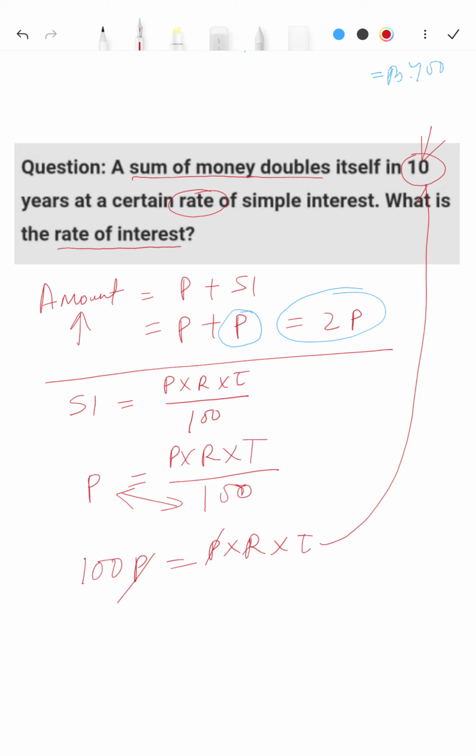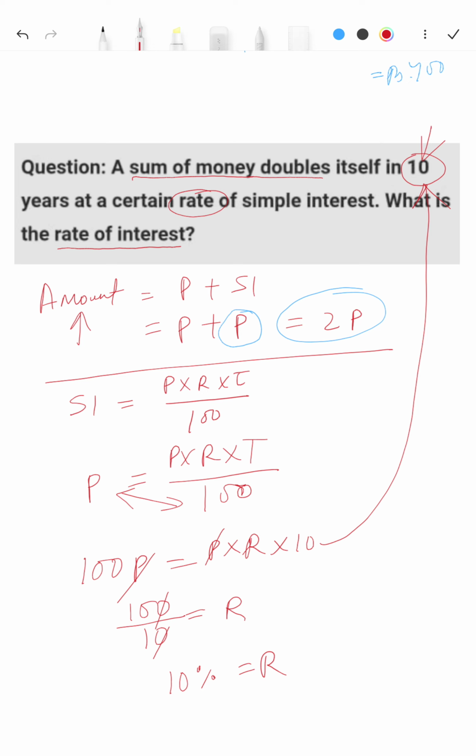Therefore, instead of writing T, we will just write 10. So 10 can also get cancelled, but some of you will have a confusion, so I'll prolong it. Rate equals 100 by 10, the 0 gets cancelled, so the rate will be equal to 10%.